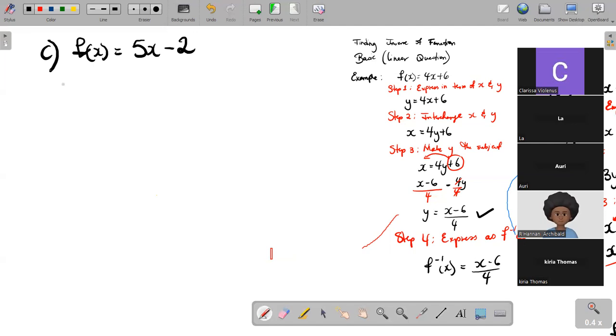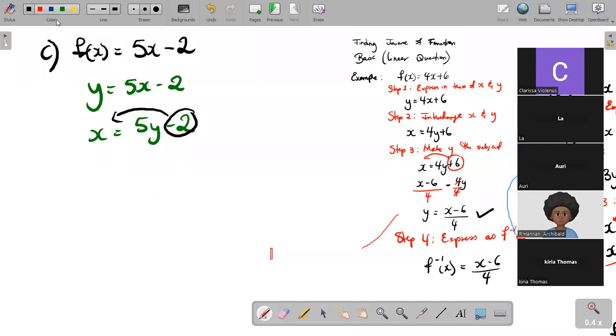So I'm just going to start working on it. I'm going to do it the short way, right? Without writing step 1 and step 2. So we're going to start off with y is equal to 5x minus 2, and then x is equal to 5y minus 2. Then I'm going to make y the subject, so I'm going to move this over.